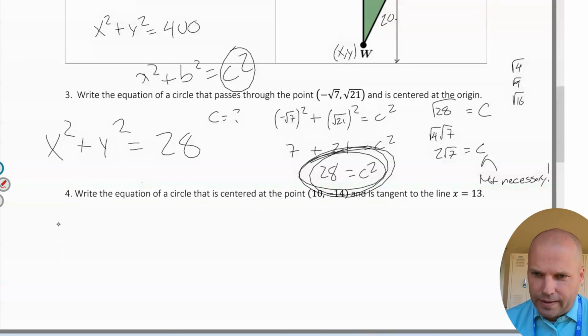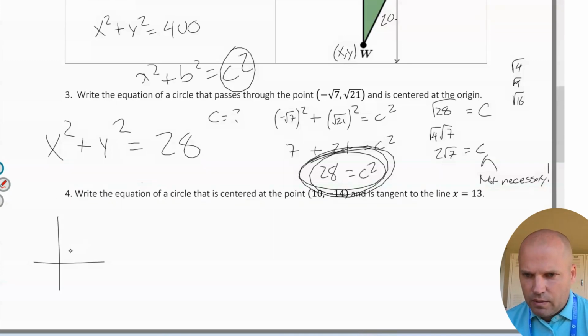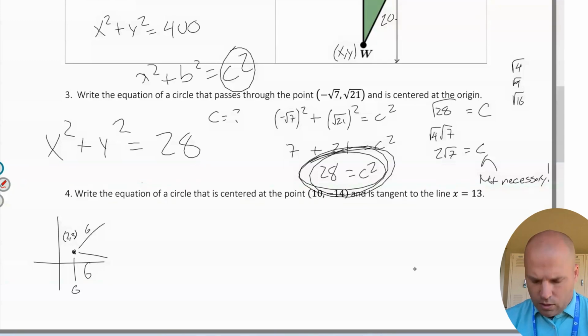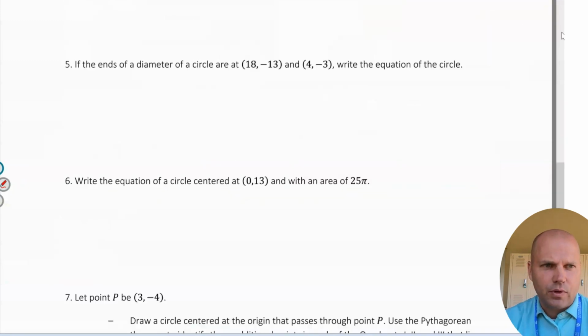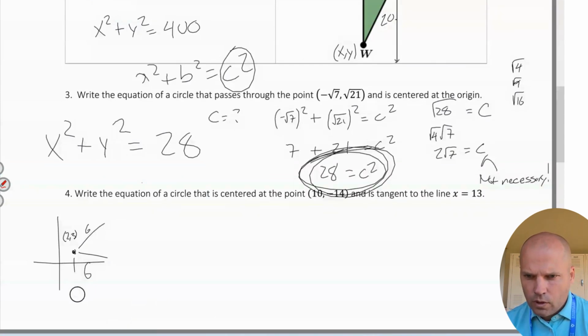Then we started moving in a different direction. Like in my class, we talked about what if we are centered at 2, 3, and we have this distance of 6 everywhere from 2, 3. Let's use just one example. This point right here, which is a distance of 6 away.